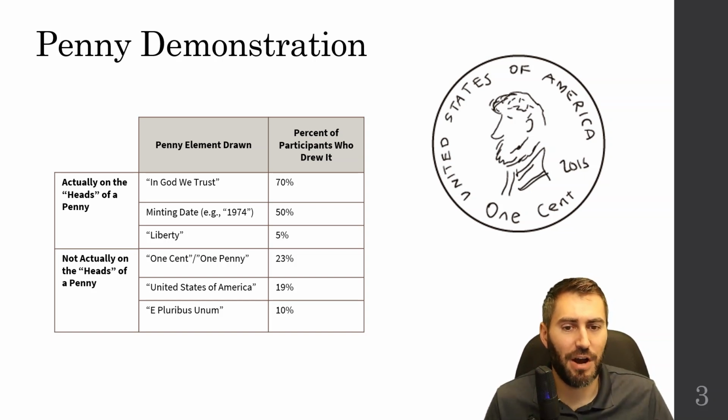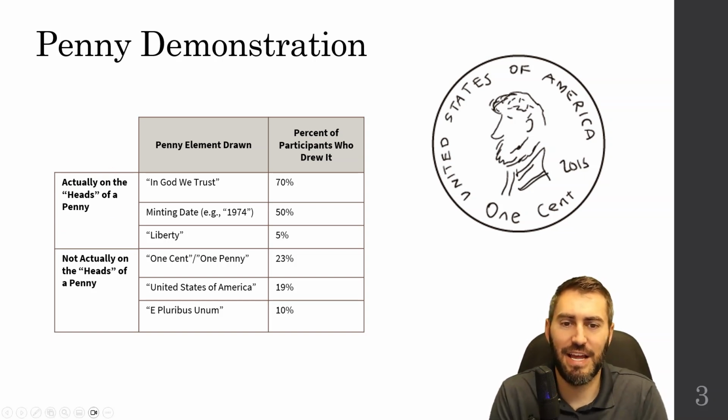So we see on the top part here, if you got what are in the top section, well, then that's great. These are actually things that are on the head of a penny, these sections here. And we see that this is things like "In God We Trust," or the date that it was minted, or the word liberty.